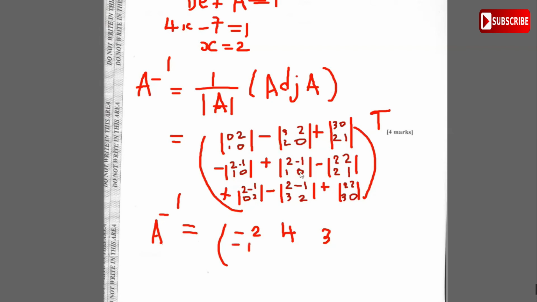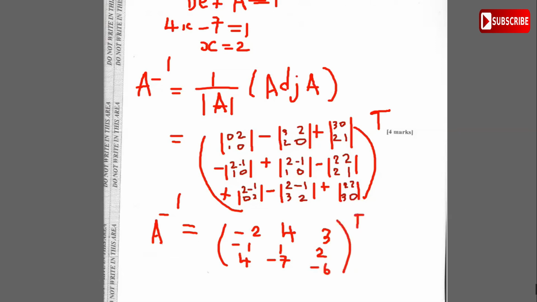Then we have 0 plus 1. Then we have 2 minus 4. That's minus 2, but minus minus 2 makes it positive 2. Then we have 4 minus 0 is 4. Then we have 4 minus 3 is 7. Then the minus makes it minus 7. Then we have 0 minus 6. That's minus 6. And remember, we need to transpose it.